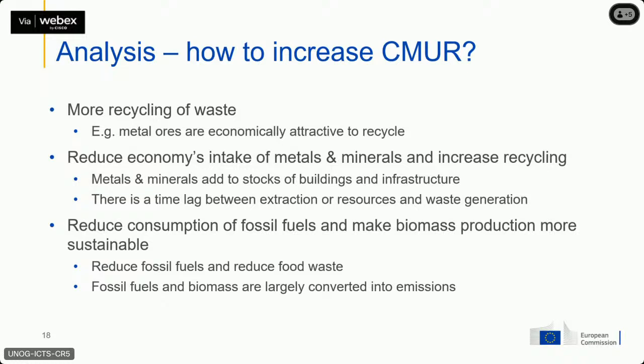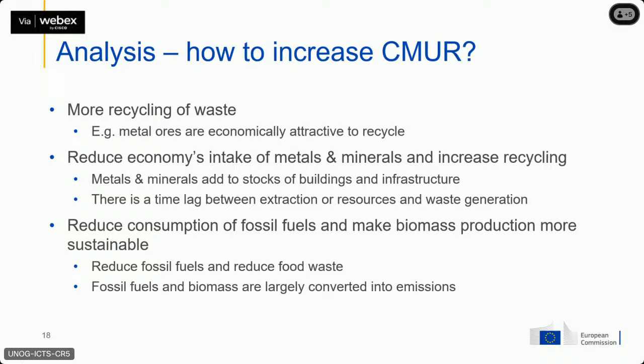Finally, reduce the consumption of fossil fuels with renewable energies, for instance, that do not have attached materials. And make the biomass production more sustainable. All that will also increase the circularity. So renewable energies like solar or wind or hydropower also contribute to the circular material use rate and to the circularity of the economies.